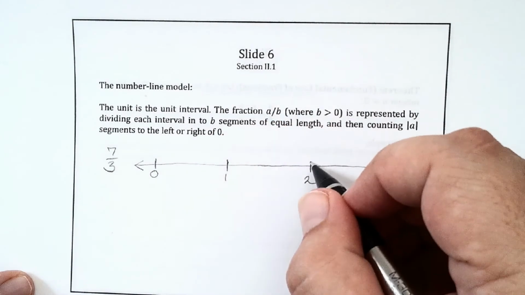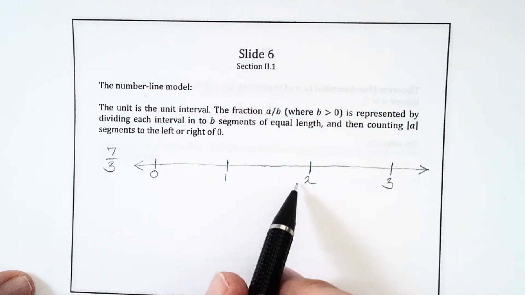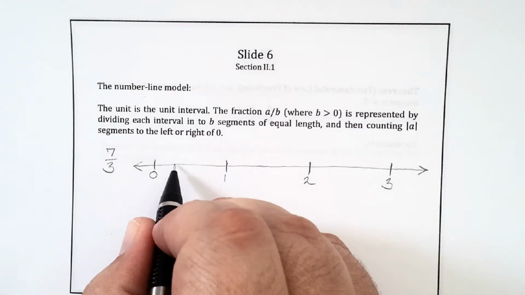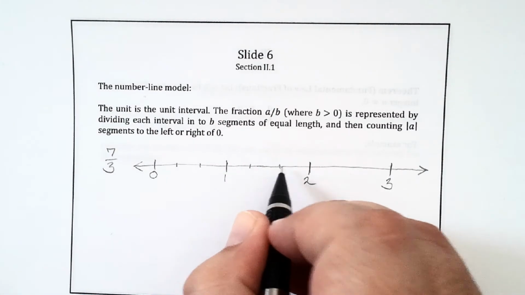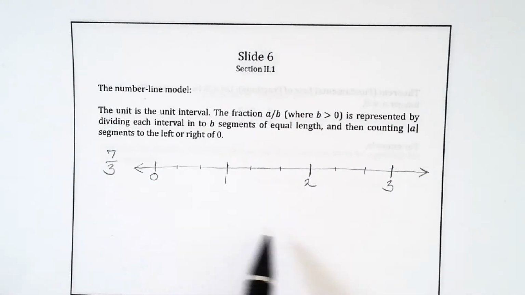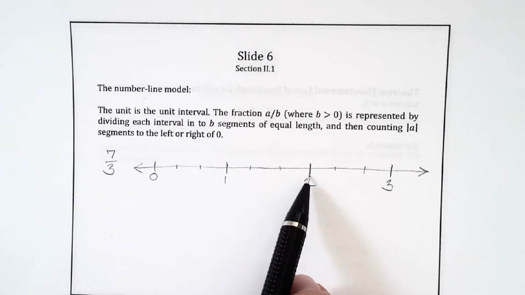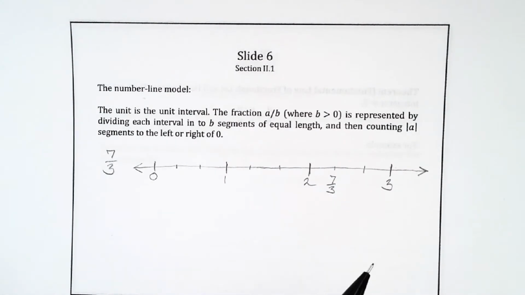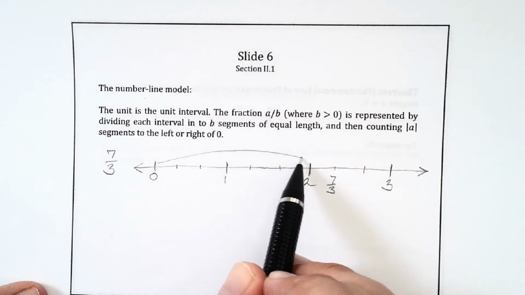Okay, so there's the integers. And then each of these unit intervals is a unit. And so I'm going to divide each of those up into 3 equal parts, because that's what the denominator tells me I need to do. And then I count 7 of those to the right of 0. 1, 2, 3, 4, 5, 6, 7. So that tick mark right there is 7/3. Or I could illustrate it with an arrow, of course.